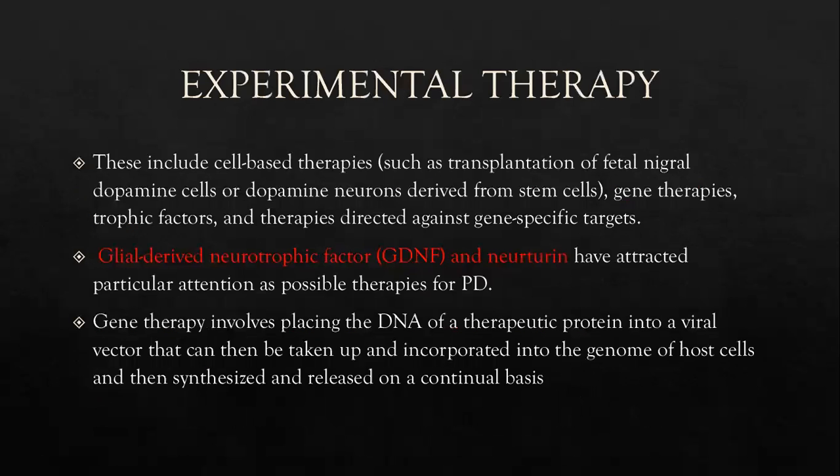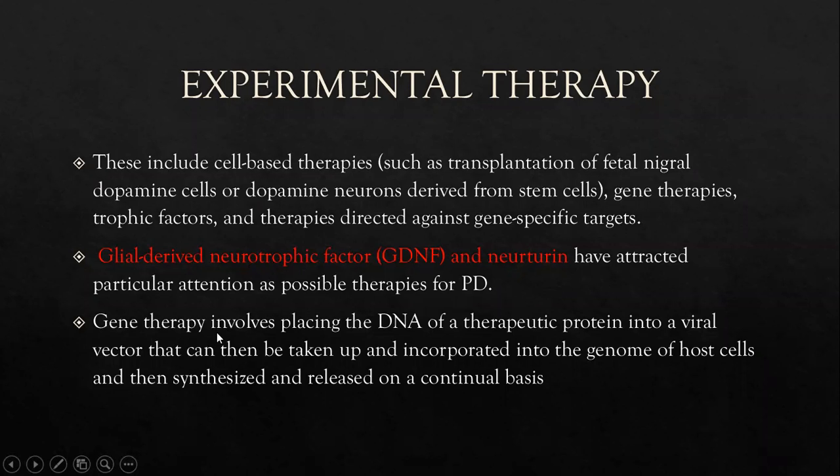Other experimental therapies under study are cell-based therapies such as transplantation of fetal nigral dopamine cells or dopamine neurons derived from stem cells. Gene therapies and trophic factors are also being used, and there are gene-specific targeted therapies in trial. Glial-derived neurotrophic factor (GDNF) and neurturin have attracted particular attention as possible therapies for Parkinson's disease.